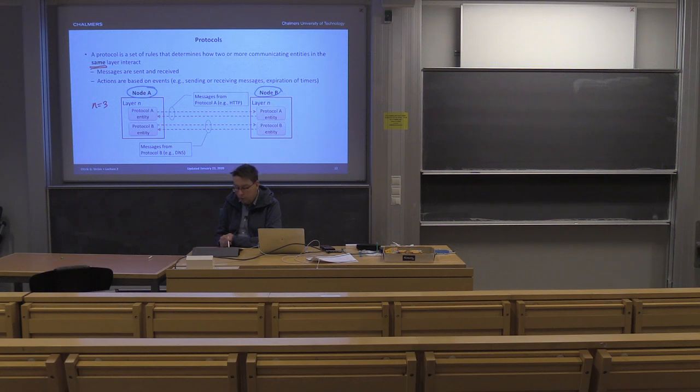Okay. So we can think of protocol A here, the entity, as a piece of software that's running on a machine, and here's a piece of software running on another machine. And they're exchanging information and changing their behaviors according to this information. And then there could be a protocol B that does the same thing. Could be, for instance, DNS, sending DNS messages back and forth.